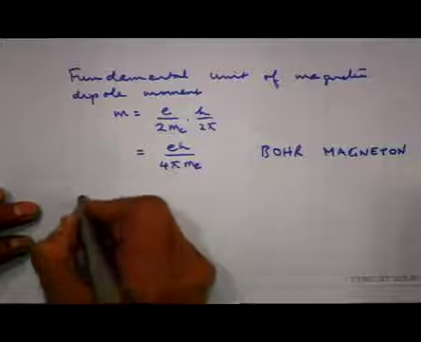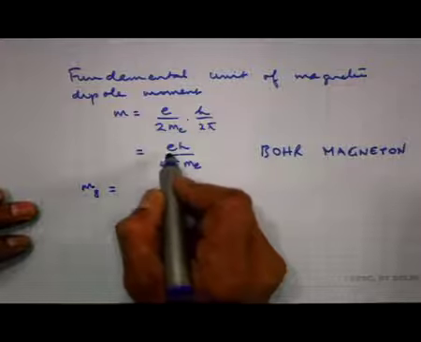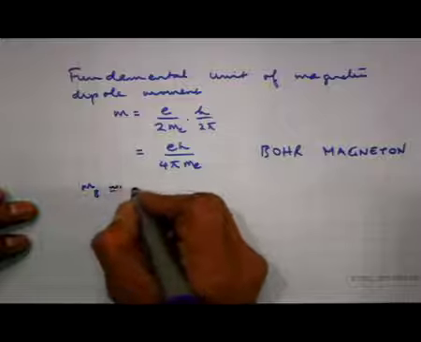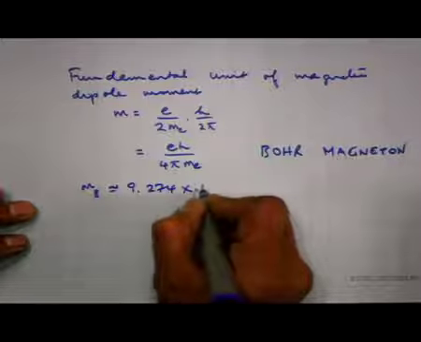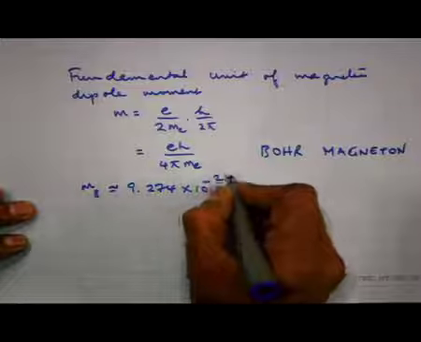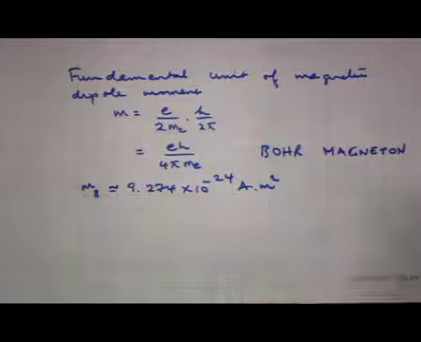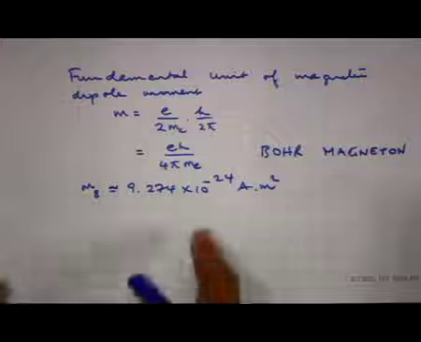So, I can write the Bohr magneton as m b. You can substitute the electronic charge, the Planck's constant, and the mass of the electron, and you will find this is approximately 9.274 × 10 to the minus 24 ampere meter square. So, what we find is the dipole moment is a multiple of this quantity, which is the fundamental unit of dipole moment.